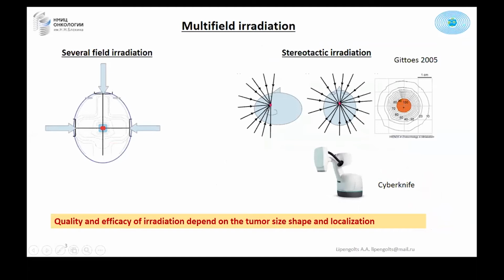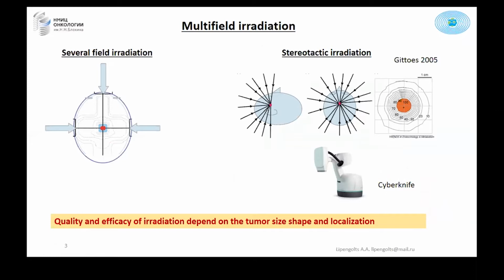To overcome this obstacle in conventional distant radiotherapy, several irradiation fields, multi-field irradiation, is used. And this approach was pushed to the limits in stereotactic radiotherapy, where a huge number of directions are used to deliver the prescribed dose to the tumor.